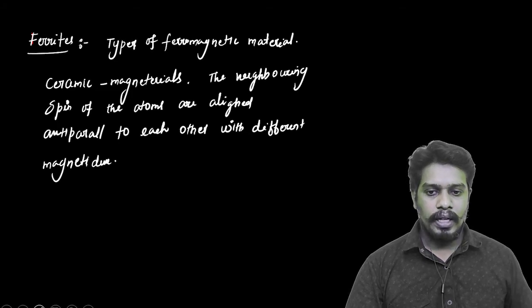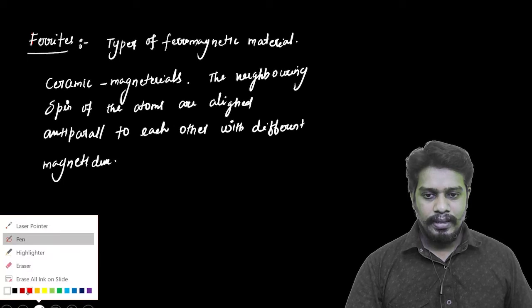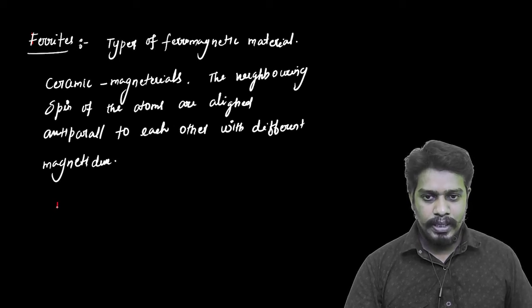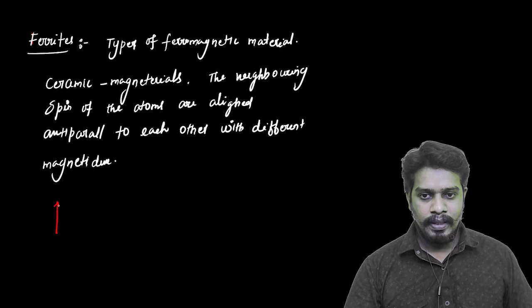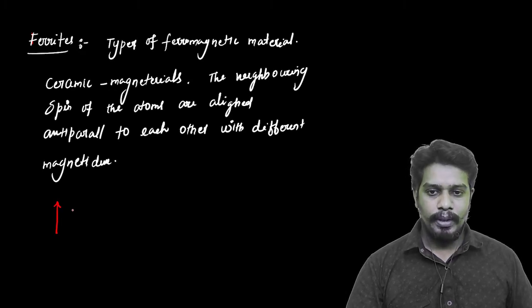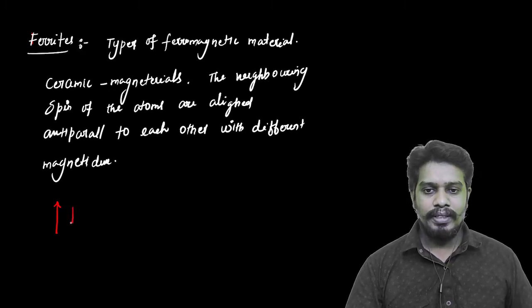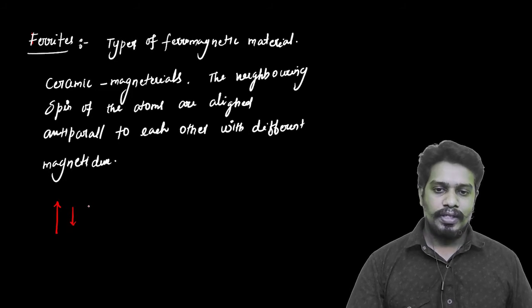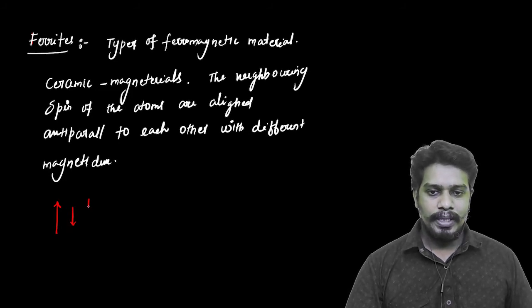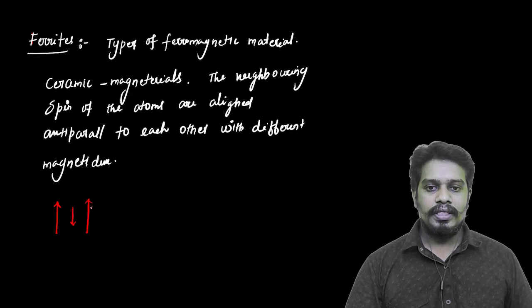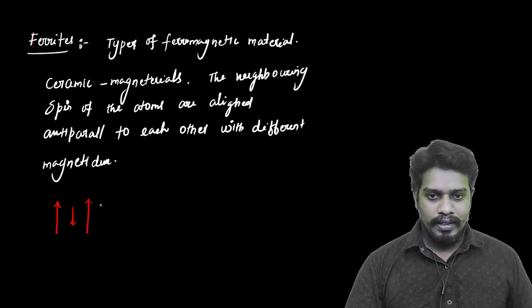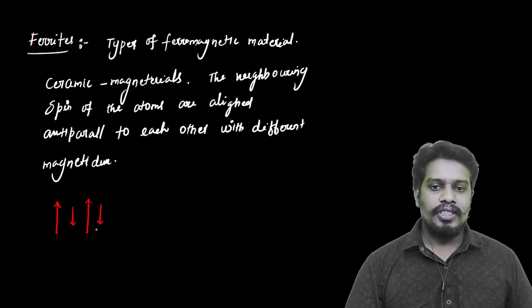Suppose you look at a ferrite material. The first spin has a larger magnitude. The second spin has a smaller magnitude, but it is opposite to the first one. The next spin is large again, then the next one is short.